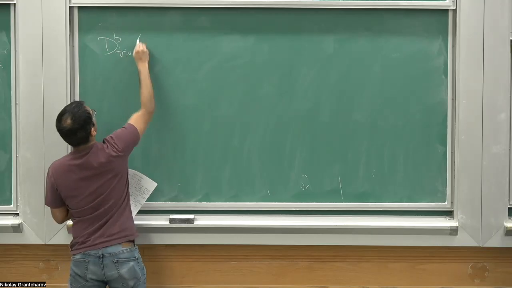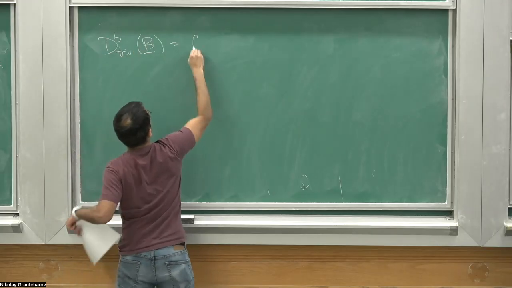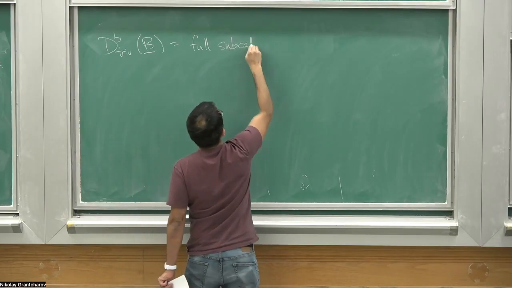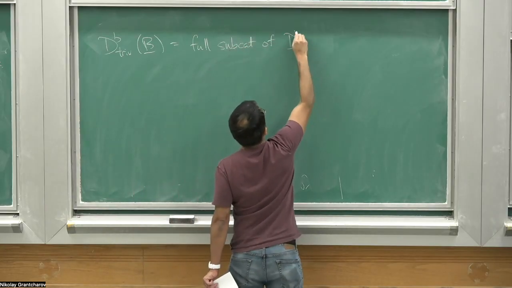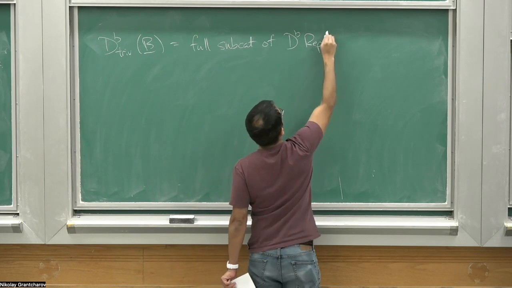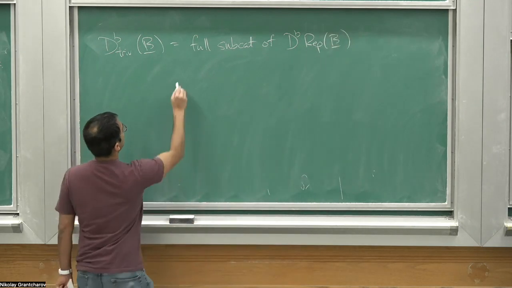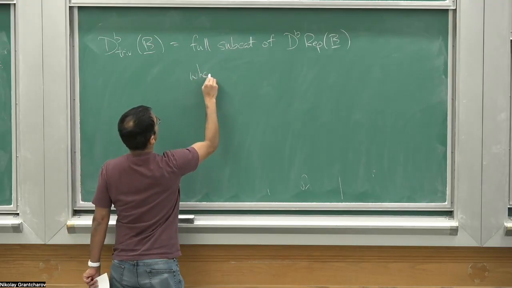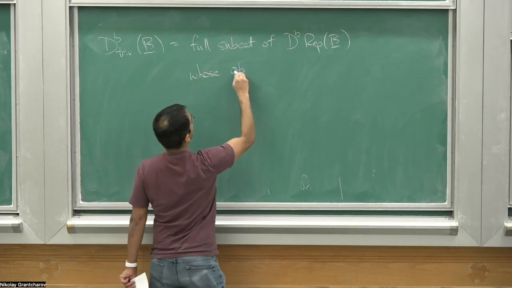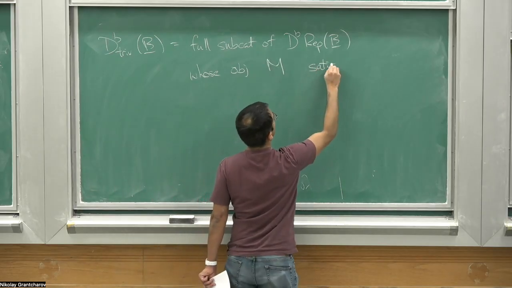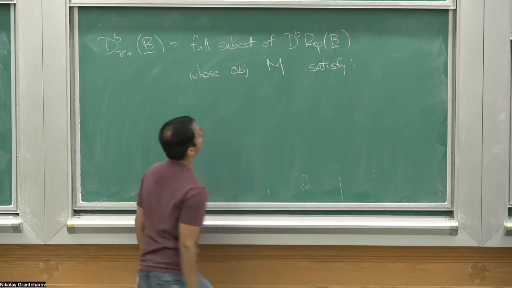D trig B underline is the full subcategory of, well, I could take the ordinary derived category of representations of capital B underline, whose objects M satisfy, so I need to tell you what full subcategory is.